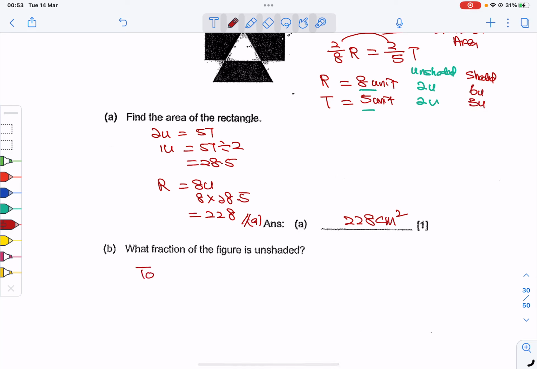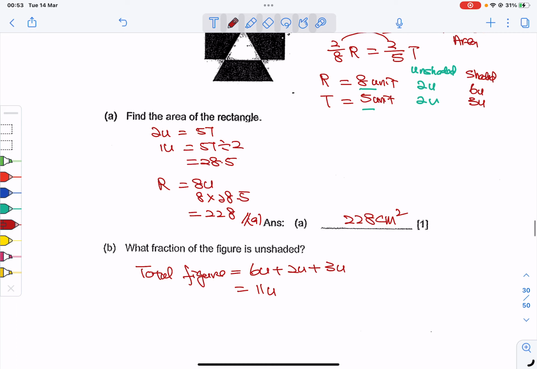So total figure will be 6 units and 2 units unshaded plus 3 units, we have 11 units.